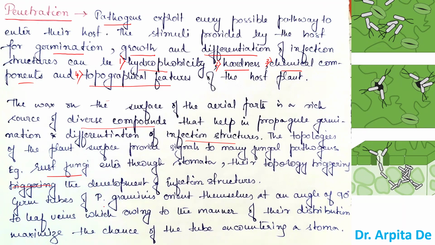Germ tubes of Puccinia graminis orient themselves at an angle of 90 degrees to leaf veins, which, owing to the manner of their distribution, maximizes the chance of the tube encountering a stoma. So these are certain means through which they enter.